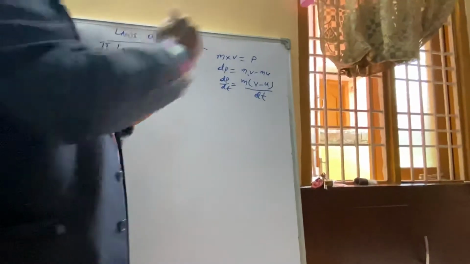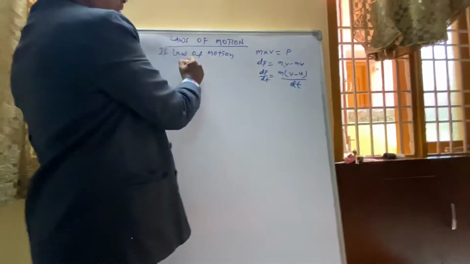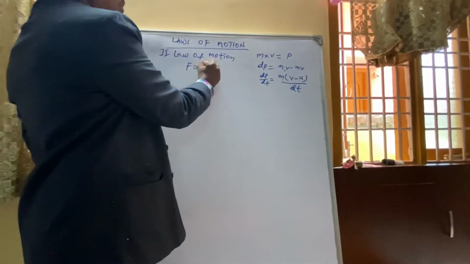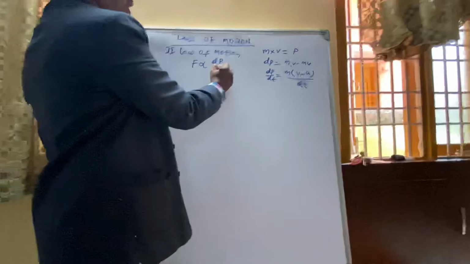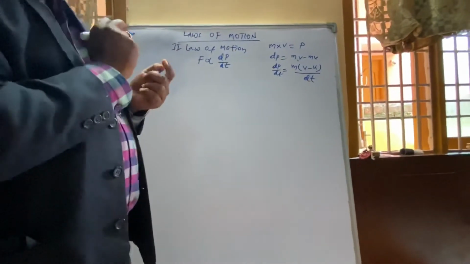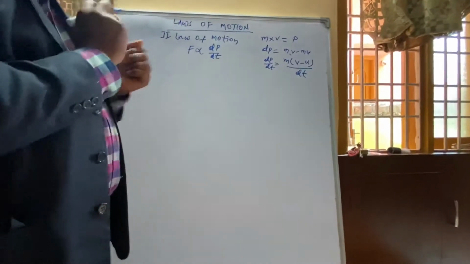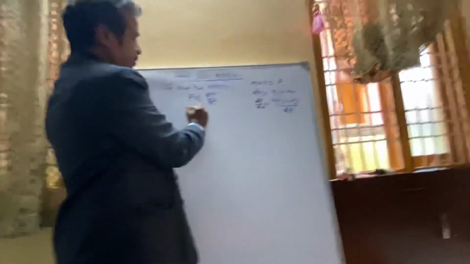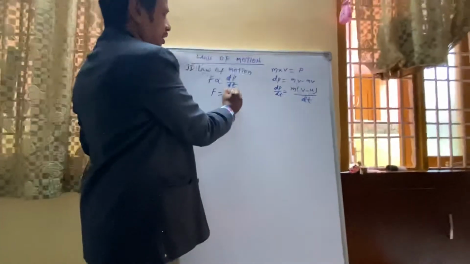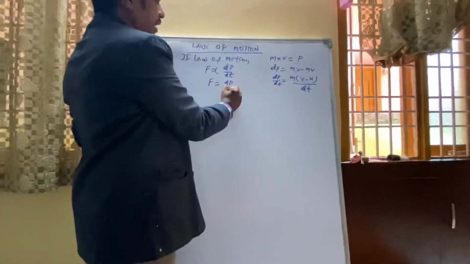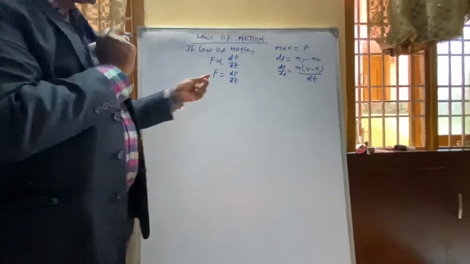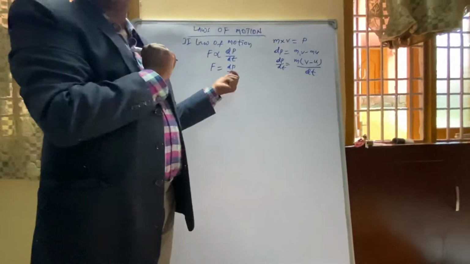The force acting on a body is directly proportional to the rate of change of momentum, dp by dt. So force equals dp by dt.